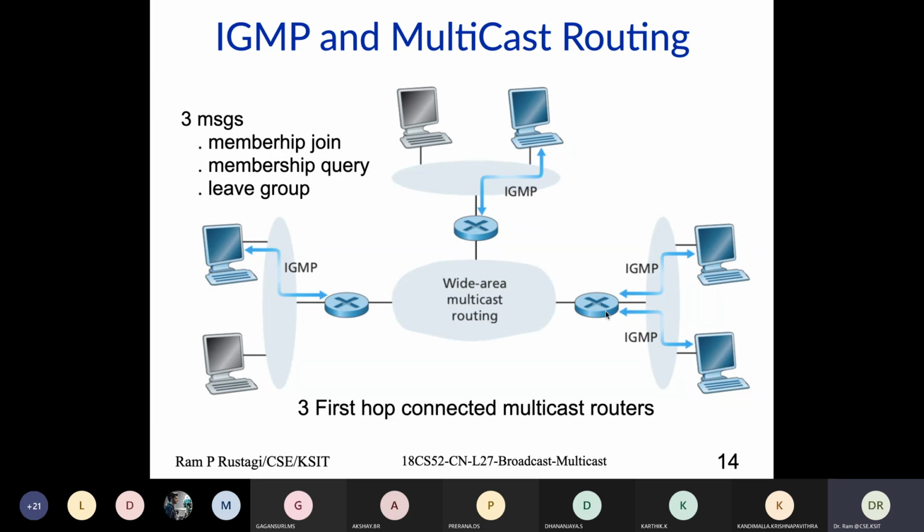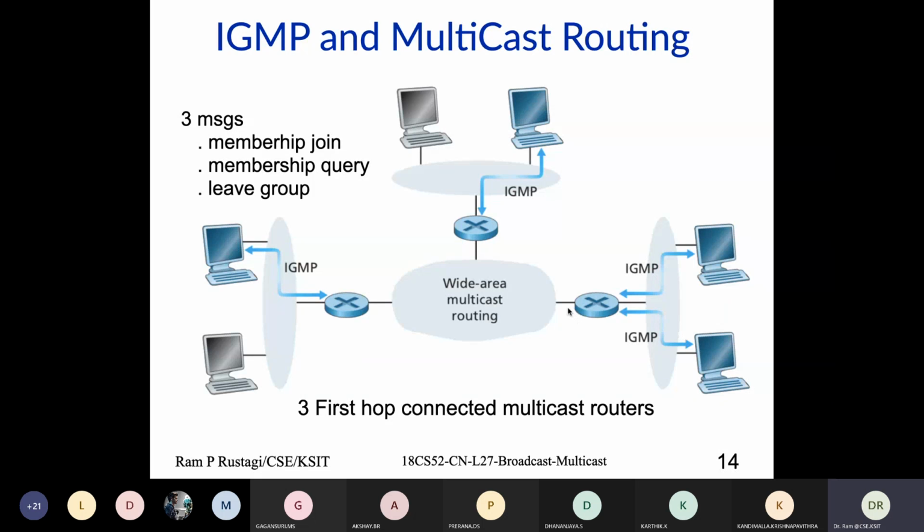For that, the router periodically sends the membership query message. Every time a router sends a membership query, all the hosts which are part of the multicast group would respond to it.